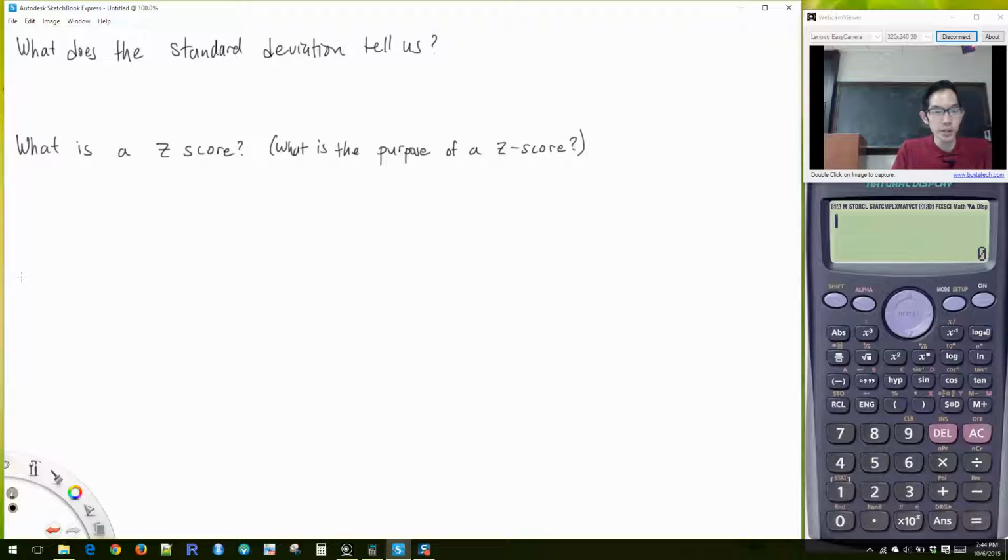I'm going to also ask you to list summary statistics for center and list summary statistics for spread.